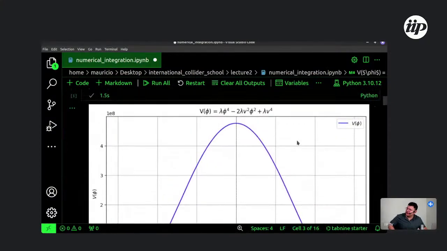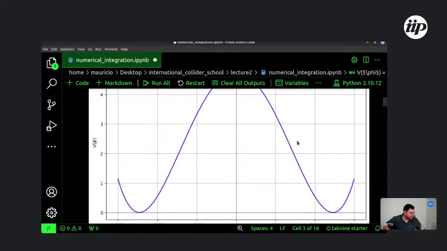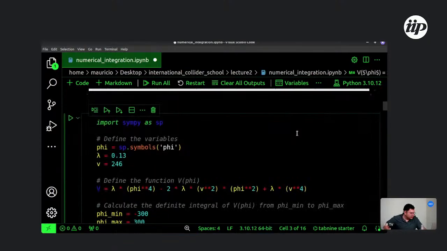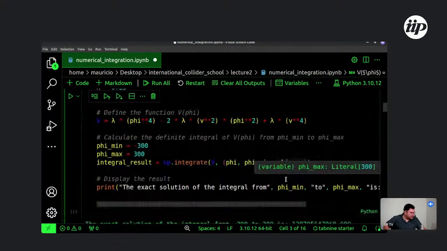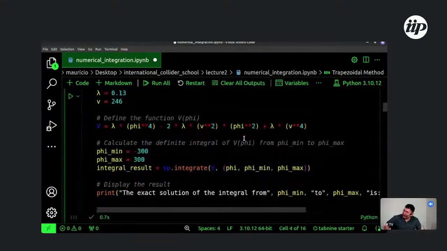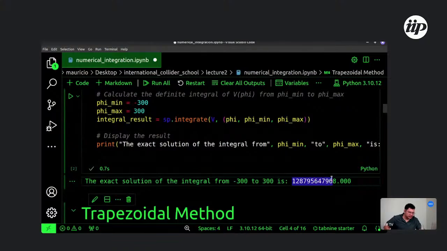So this is the Higgs potential, and our objective, as I said, is calculating the area under the curve, the integral. The first step is obviously to obtain the exact solution of that function, and the result is this number between this interval. This is the exact solution, the exact area under the curve.